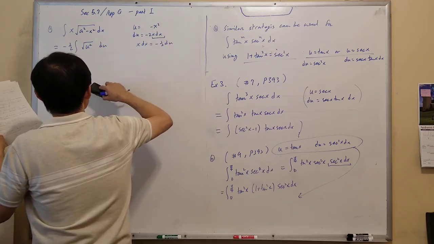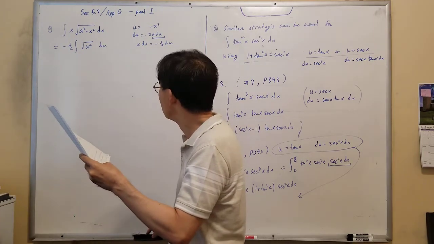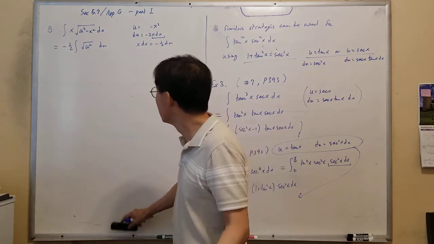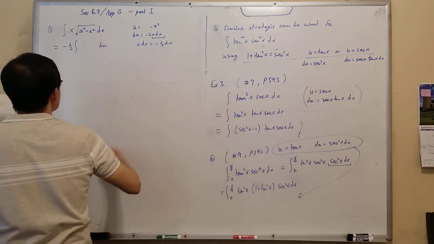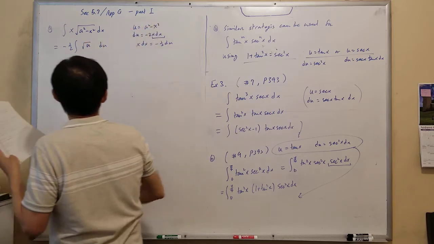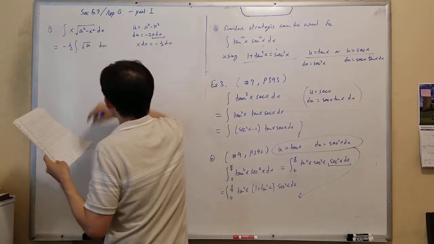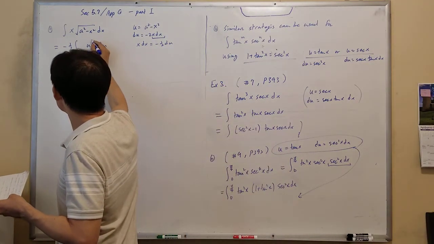So this one, minus du, this is what? Square root of u du, right? This whole thing is u. Sorry about that. Then you can use 1/2 power, right?